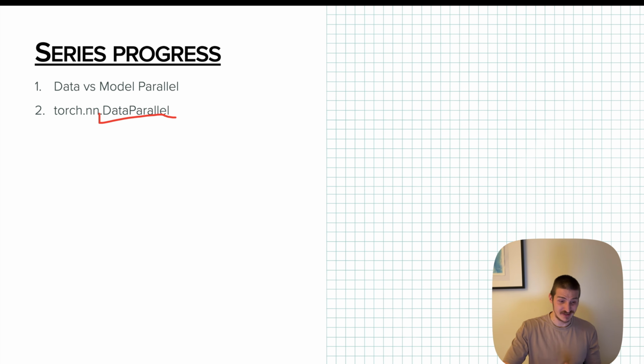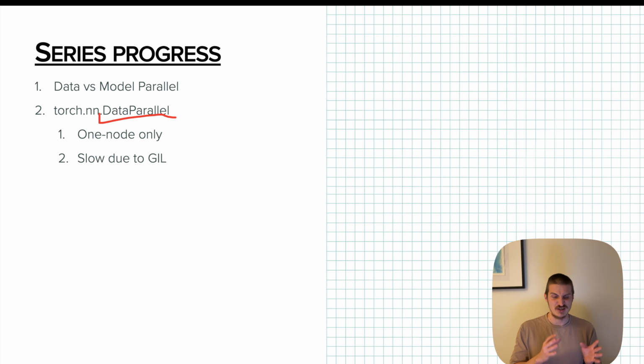of code, which is pretty easy, but it had two drawbacks. One being that it only works on one node, so a one node, multi-GPU setup. The second one being that it's actually a bit slow because of the Python global interpreter lock. Then we've talked about torch distributed, which is a low-level communication package that is used in everything else that happens nowadays in distributed training.